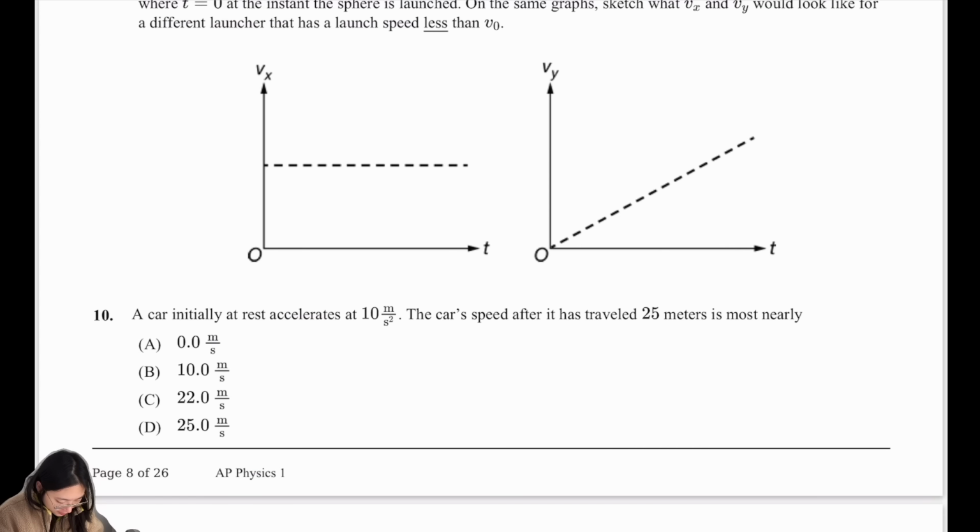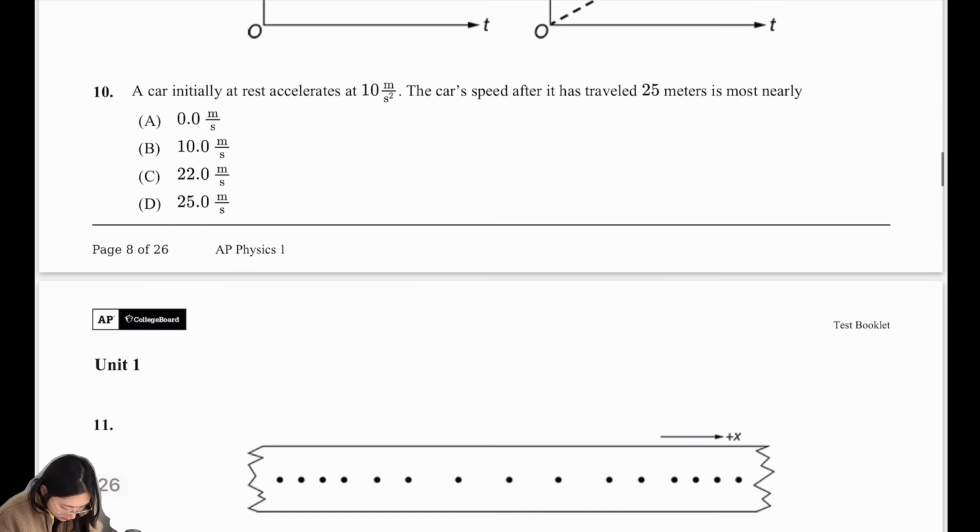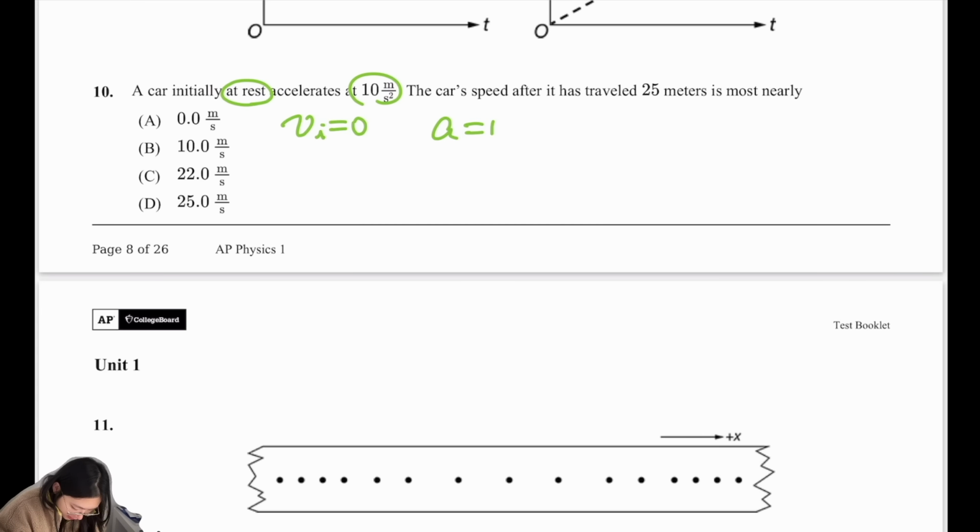A car initially at rest accelerates at 10 meters per second squared. The car's speed after it has traveled 25 meters is most nearly. So initially at rest means its initial velocity is equal to 0 and its acceleration is 10 meters per second squared.